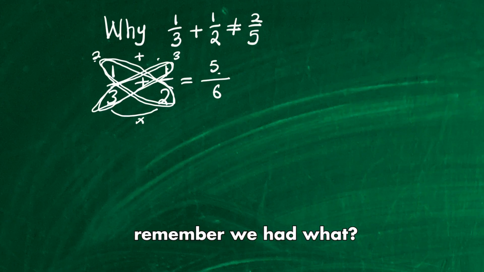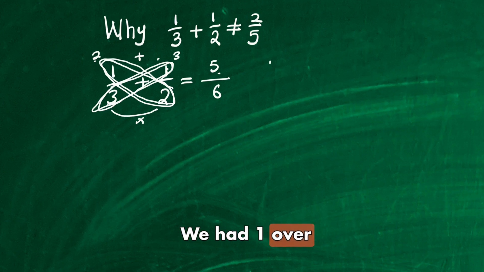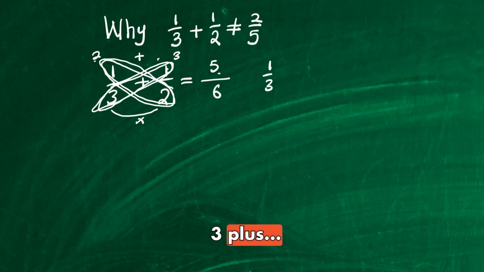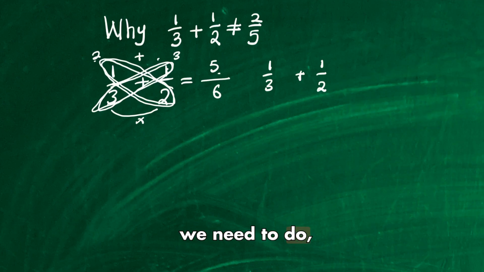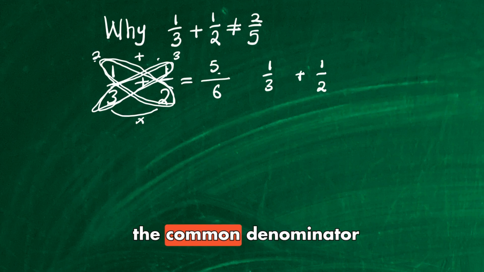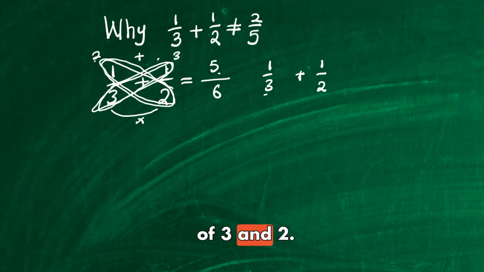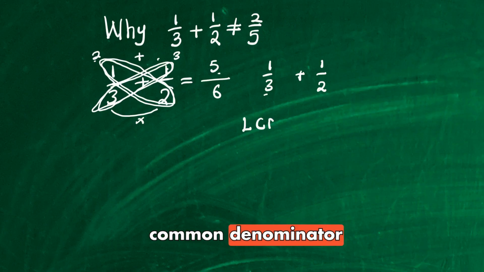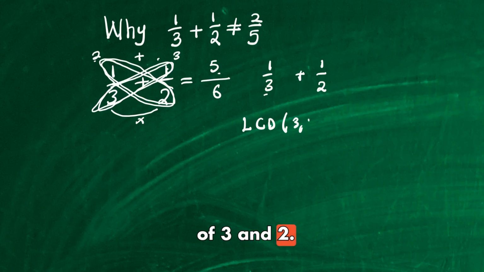So remember, we had 1 over 3 plus 1 over 2. Okay? So what we need to do is find the common denominator of 3 and 2. So let me say lowest common denominator of 3 and 2.